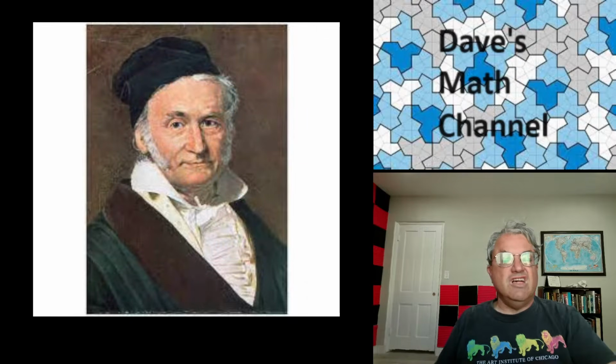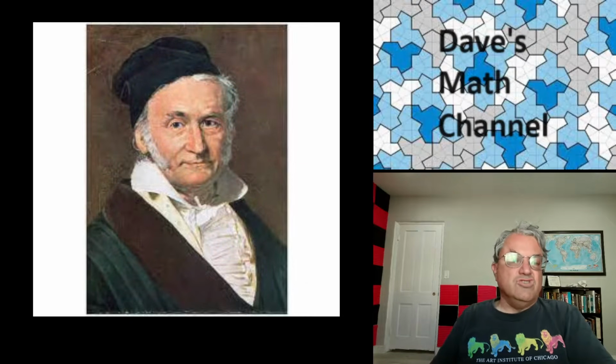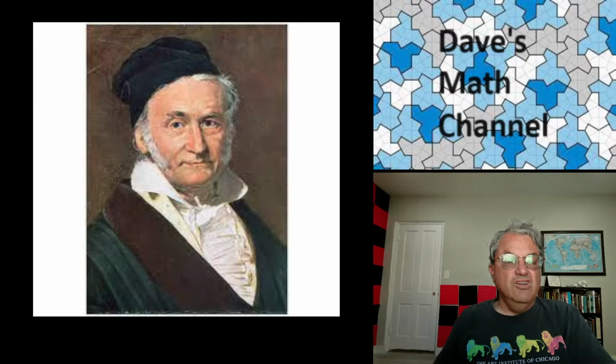The first person to solve it, the guy I already mentioned, Carl Friedrich Gauss, was probably the most famous mathematician, at least up to his day. Maybe either him or Euler. It's a close tie between Euler and Gauss.